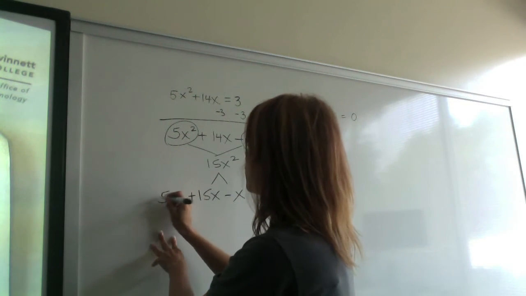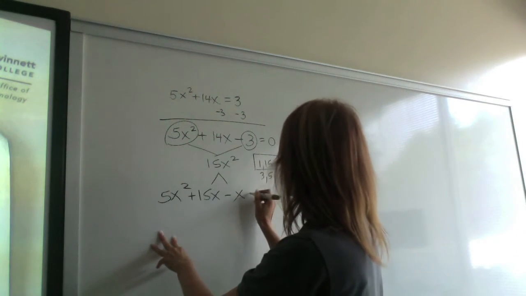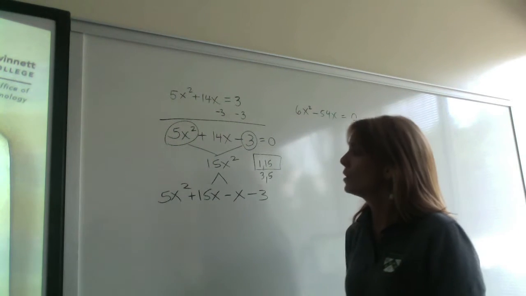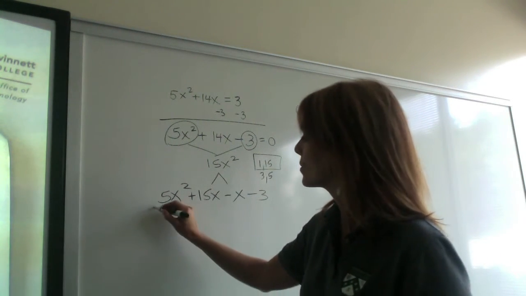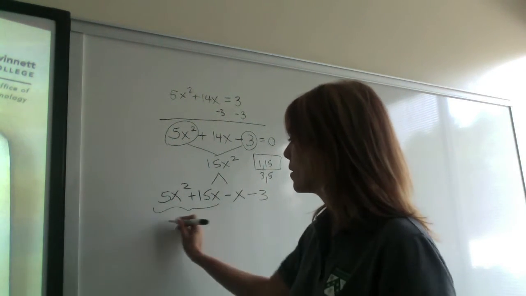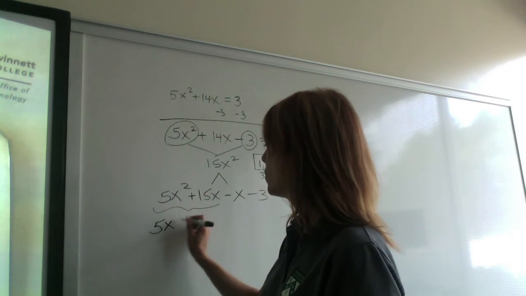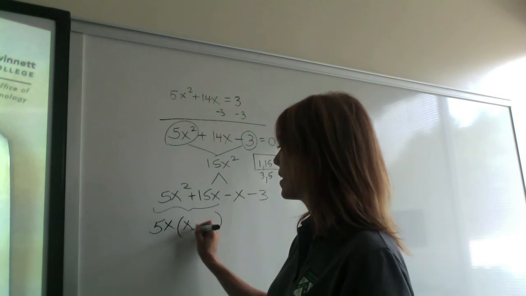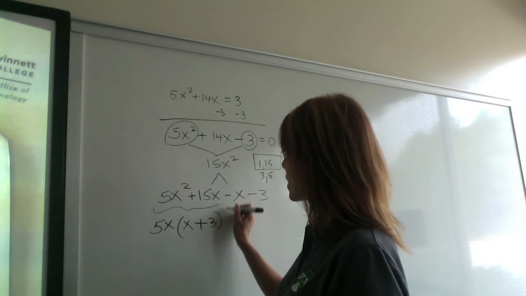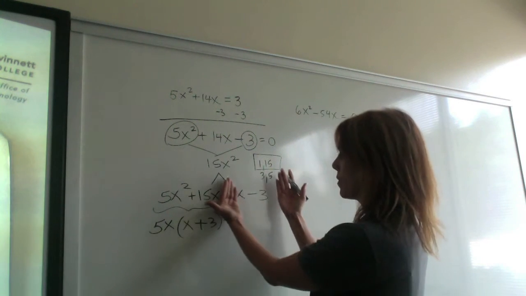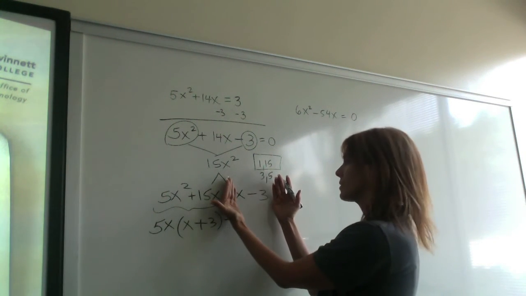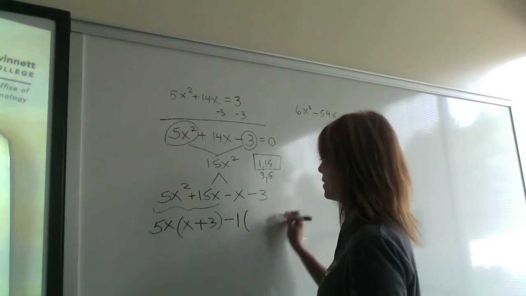So let's take a look at this first group, and the GCF would be 5x, and then we'd have x plus 3. Bringing down the sign and thinking about what is the GCF of x minus 3, and that's just 1. And now divide out that negative 1 from these 2 things, and we have x plus 3.